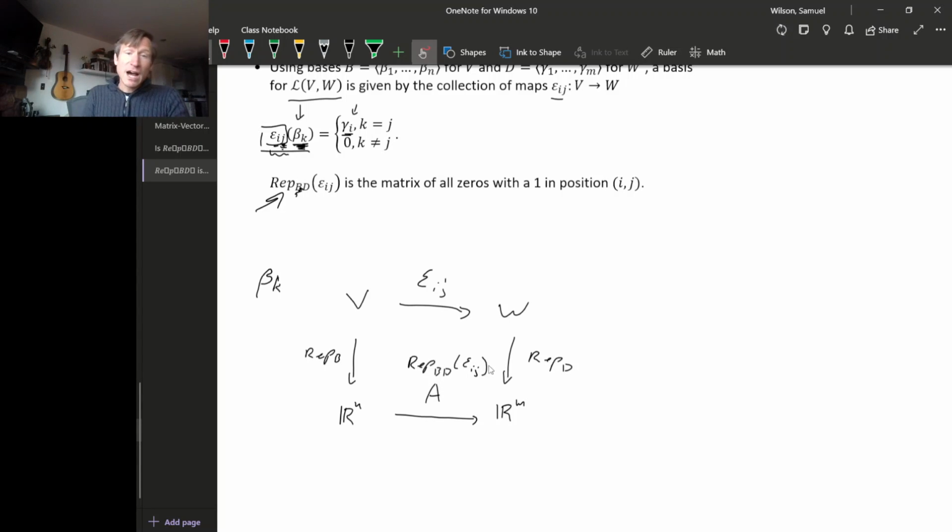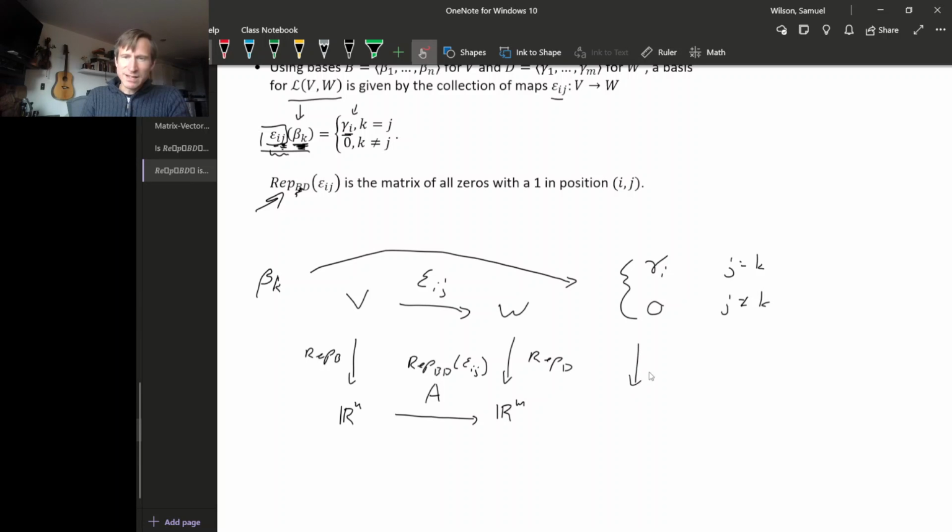How do we find the representation matrix for epsilon ij? We take a basis element from our basis B for V, and we hit it with the linear transformation. The two cases are: if j is equal to k, we get gamma i, and otherwise we get 0 if j is not equal to k.